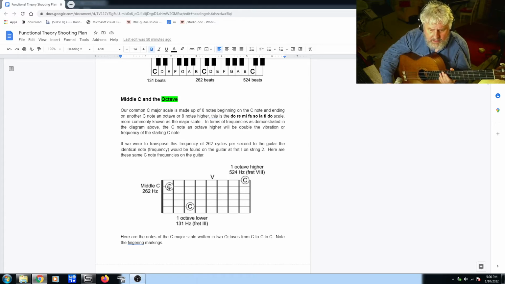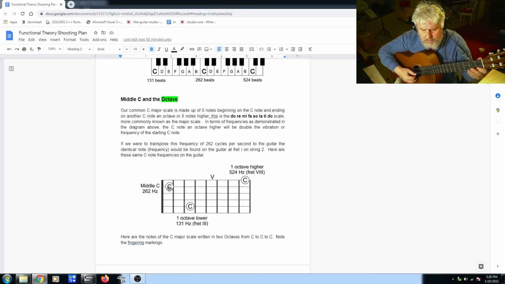We have that same frequency of 262 hertz on the second string first fret, right? And so that would be here on the guitar. And if we double that frequency to 524 beats, we have the C at the octave. And if we halve that, we have C here, and if we halve this again, we have C in the lower octave.